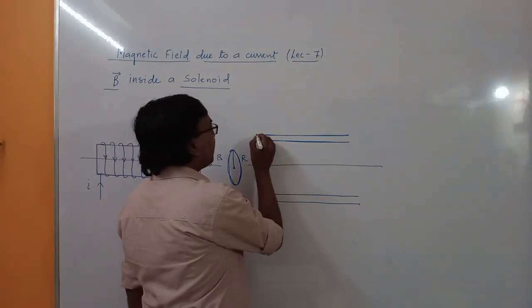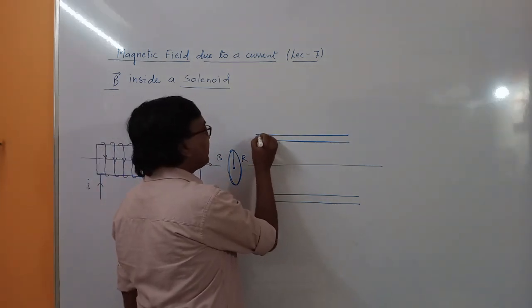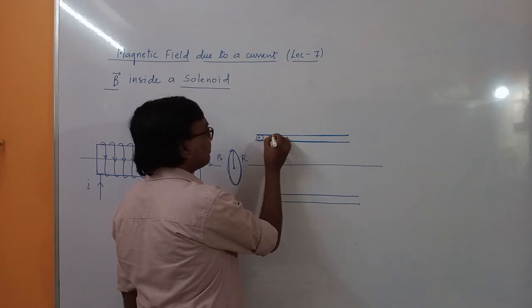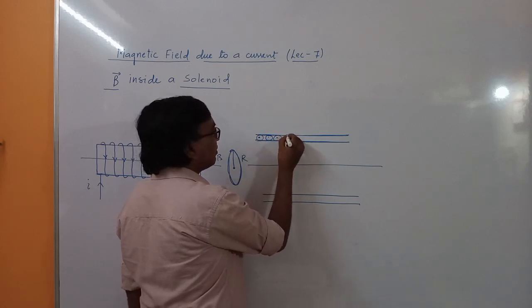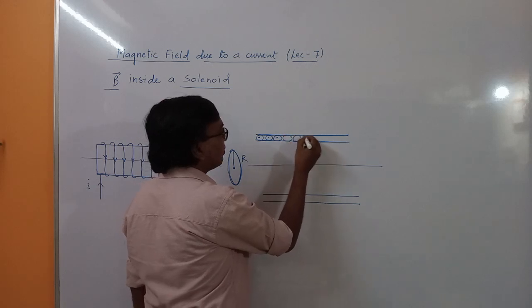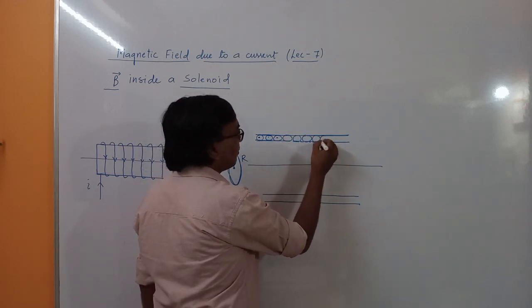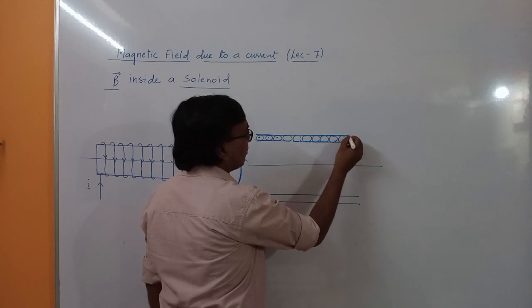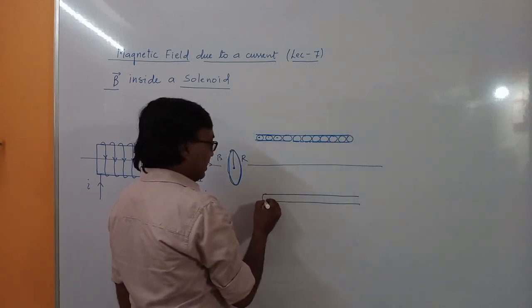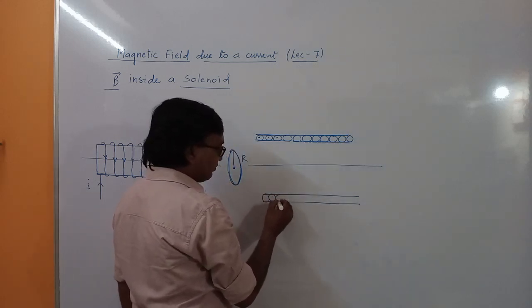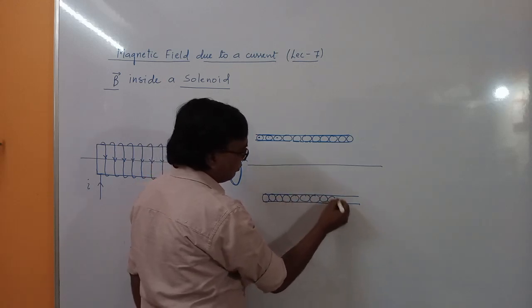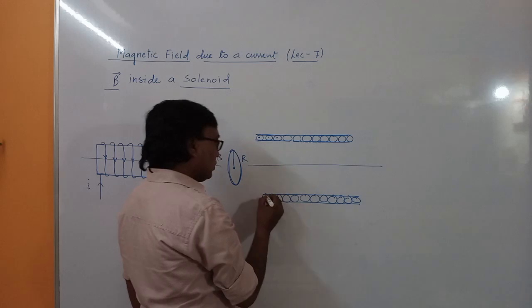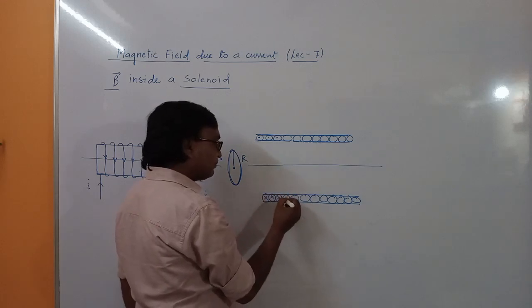Okay, so now here the current is entering in, and here it is coming out. Current is entering. So current entering.